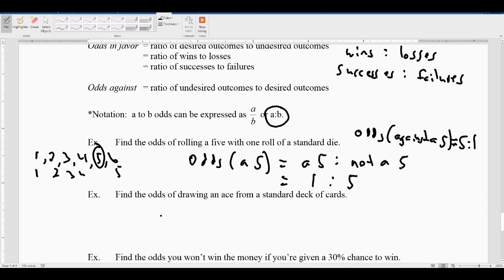Now let's do the odds of drawing an ace from a standard deck of cards. Well, how many aces are there in a standard deck of cards? Well, there's 4 aces. And since there are 52 cards total in a standard deck, 52 minus 4 is 48 other cards.